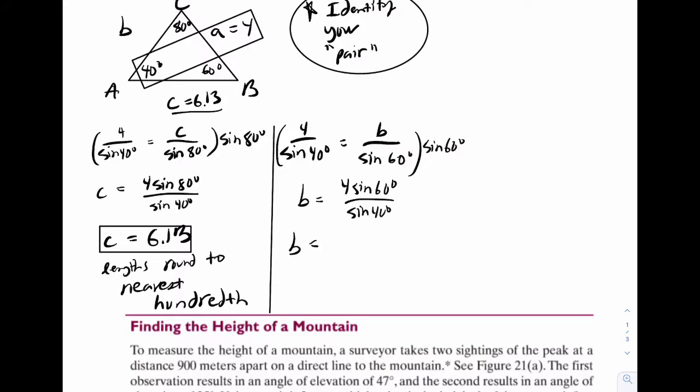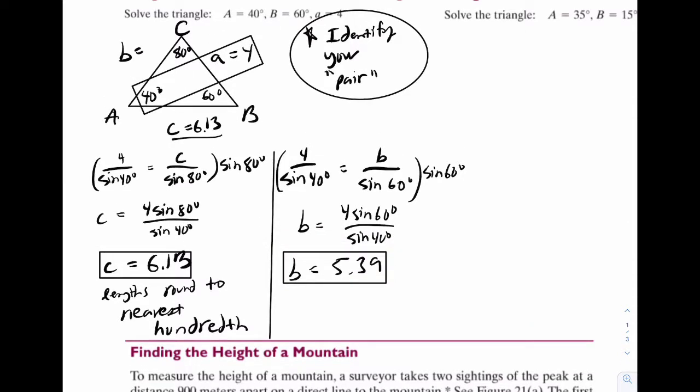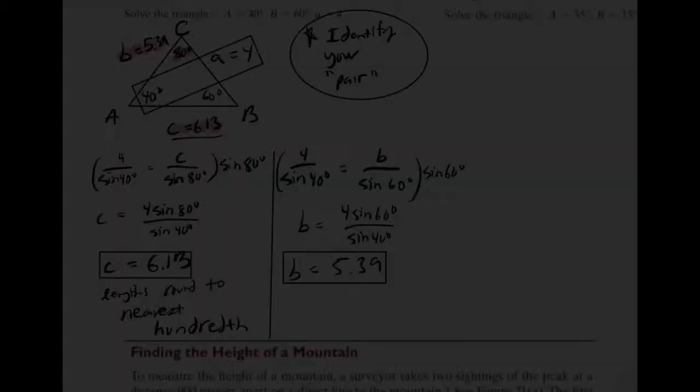Put that in your calculator, and you get 5.39. Box that. And again, notice how we're rounding to two places. That's what we'll do today. You're going to put 5.39 right there in your triangle. And I'll just highlight everything we found today. So look at that, there's your 80, 6.13, 5.39.